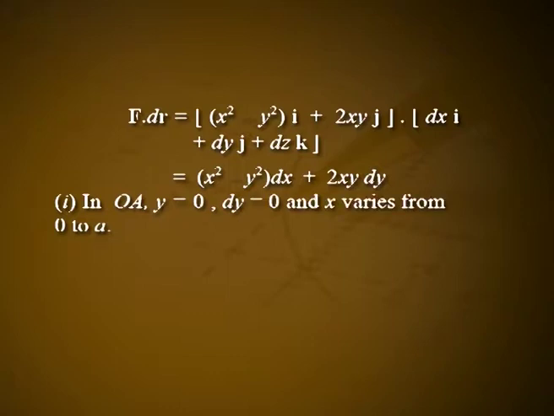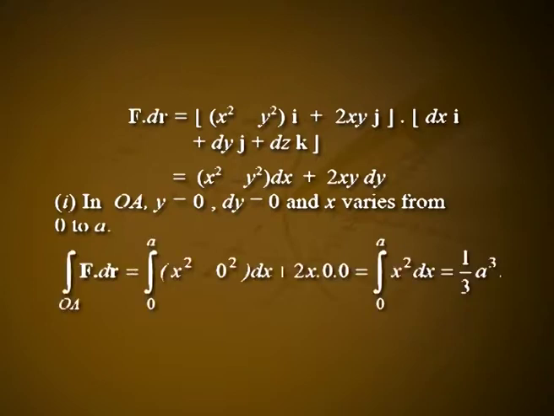F dot dr is equal to (x² - y²)i + 2xy j dot (dx i + dy j + dz k), which is equal to (x² - y²)dx + 2xy dy. In OA, y is equal to 0, dy is equal to 0 and x varies from 0 to a.